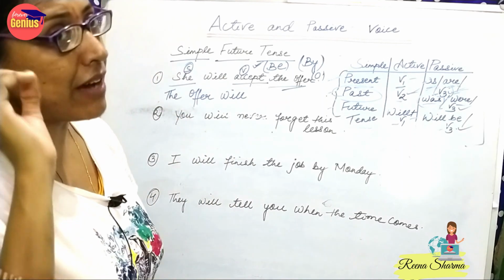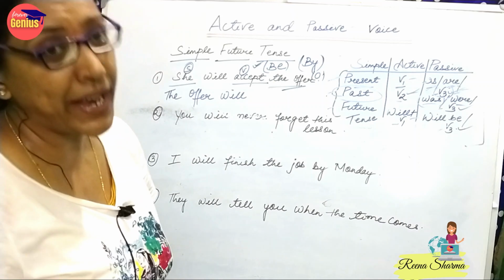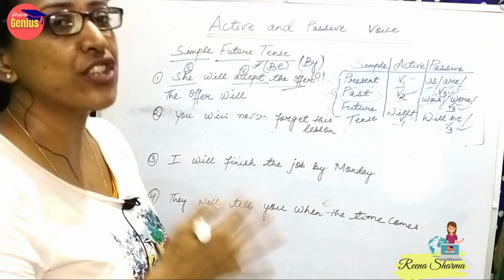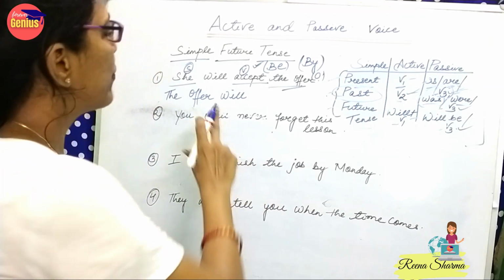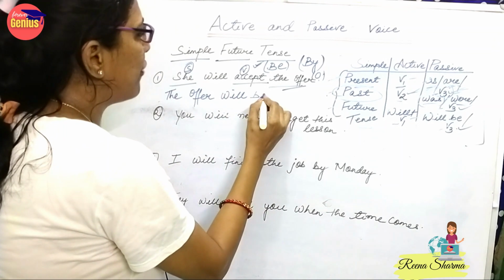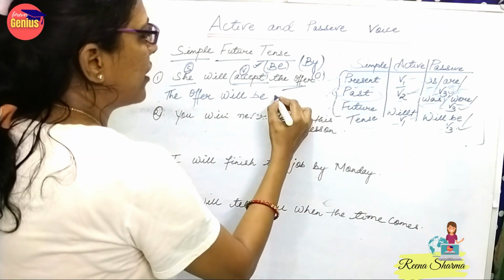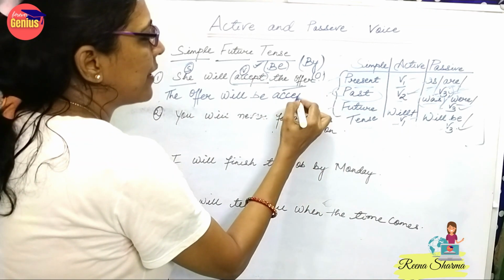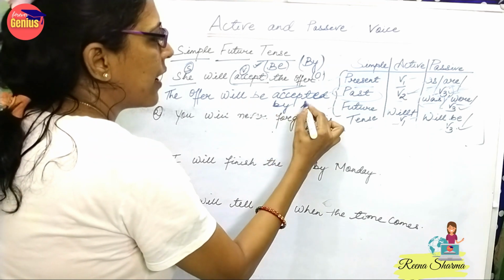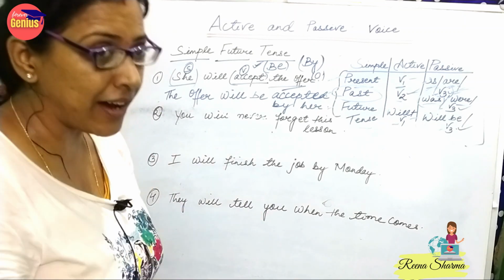After will, as we have learned in the format of simple future tense, we will use be. The offer will be. Now, this will be changed into third form. The offer will be accepted by her. We will not write she, write her.